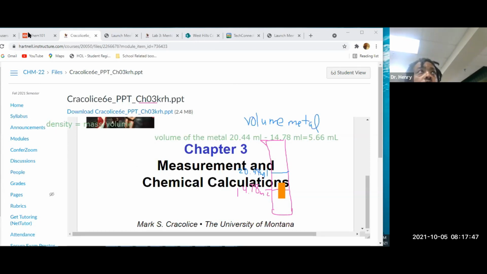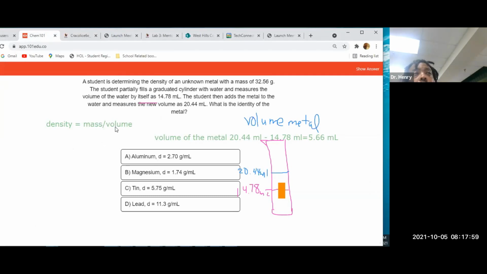Now, do we have all those components? Do we have mass and do we have volume? So we just calculated volume. Do we have the mass?